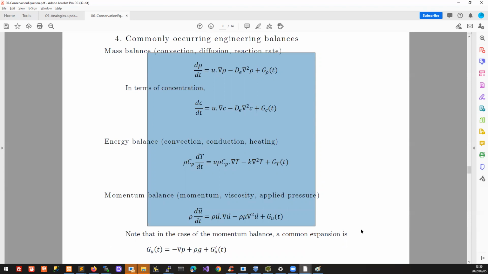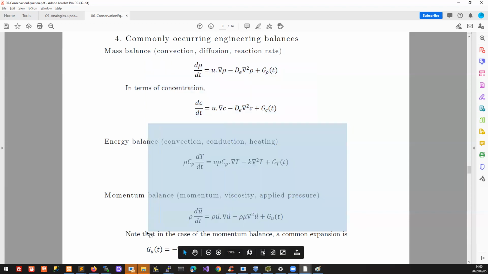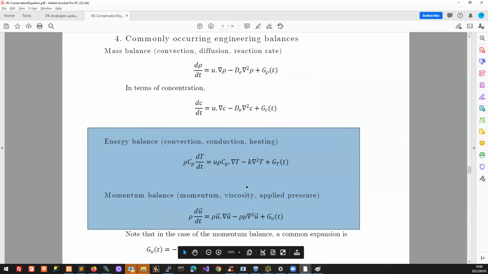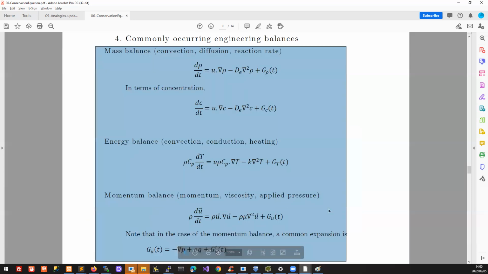Now, with the next section of the course, of course, Mr. Biela will be seeing you for that. He will be taking you through the details of energy and momentum balancing. But we are just at this stage going to introduce these concepts and start thinking about the analogies that arise in these areas.